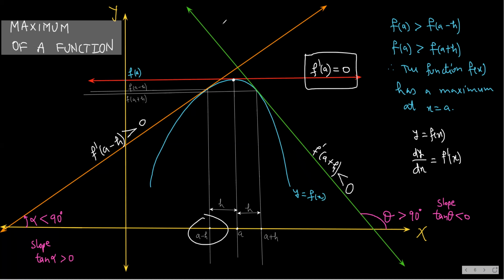So remember, if the derivative goes from positive to 0 to negative, the function has a maximum at that point. So I will write the condition here.